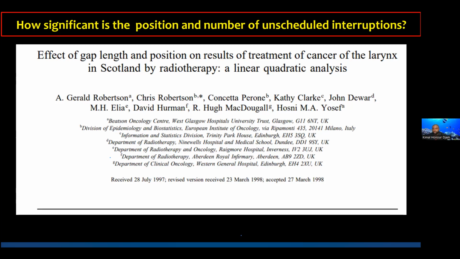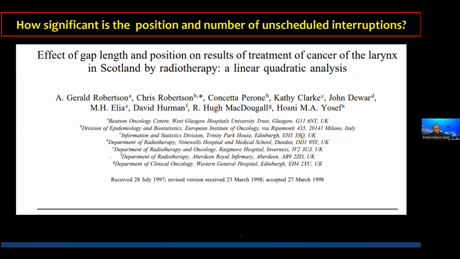This was a retrospective analysis. And the endpoints of this study were the local control of the cancer of the larynx in 5 years and the length of the disease-free period as a function of unplanned gaps in radiation therapy.